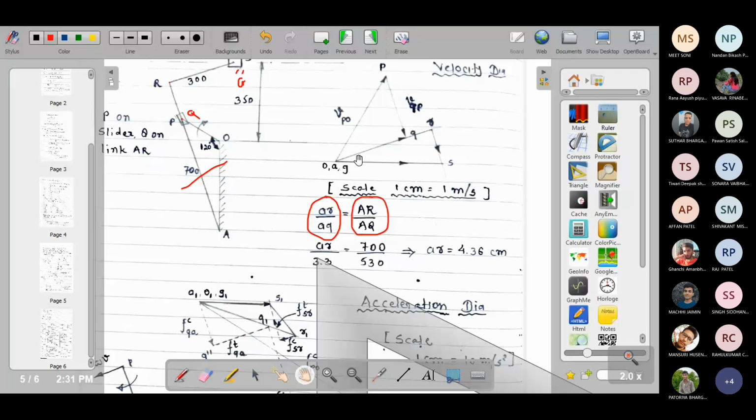Now measure this AR and you will get point R. Is this clear?